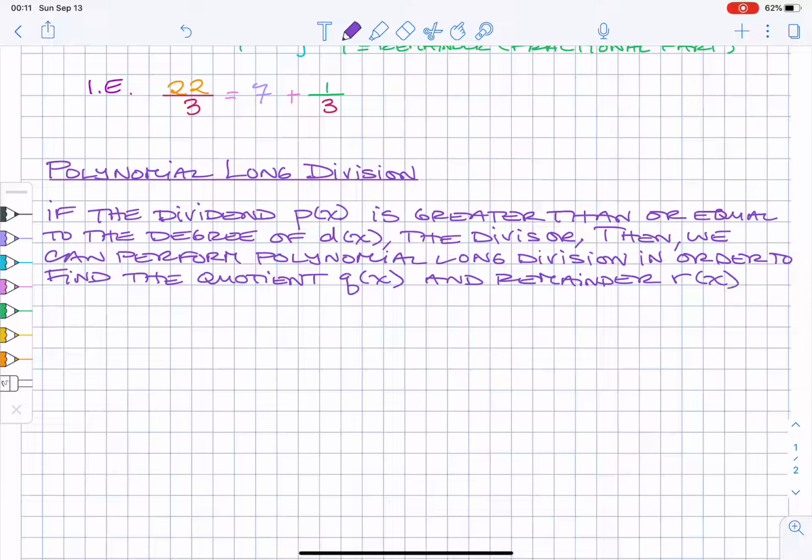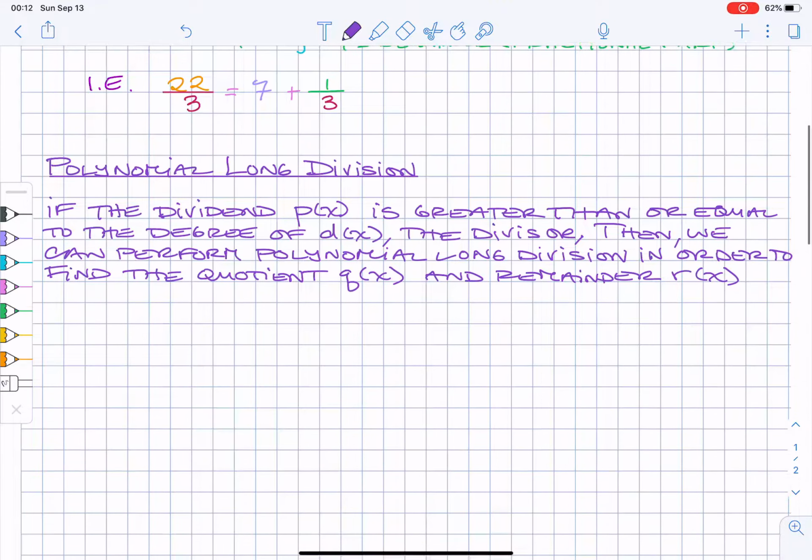Okay, so this is where remainder r of x is going to differ from radius. Sorry, radius is just r, whereas in polynomial long division, r of x is actually a function.